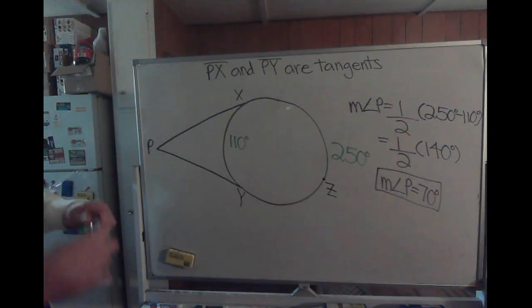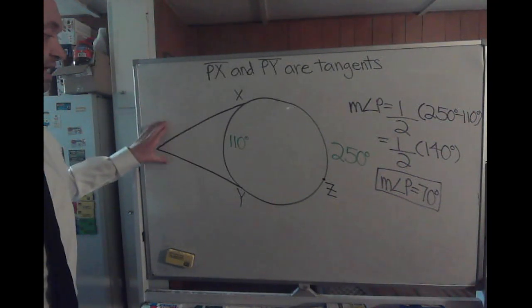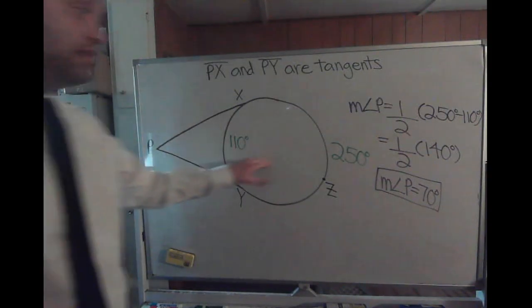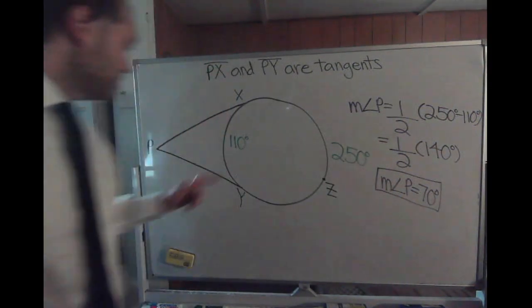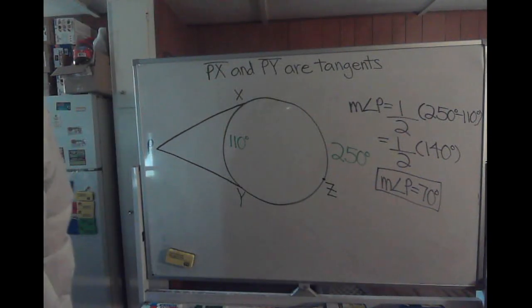So, using the same rules here, that the measure of an angle formed by 2 tangents from outside a circle is equal to half the difference of the 2 intercepted arcs, you get that the measure of angle P equals 70 degrees.